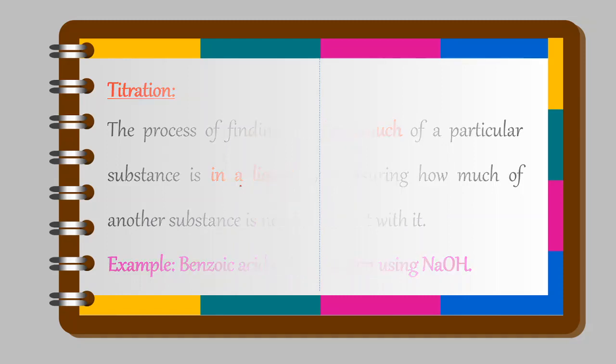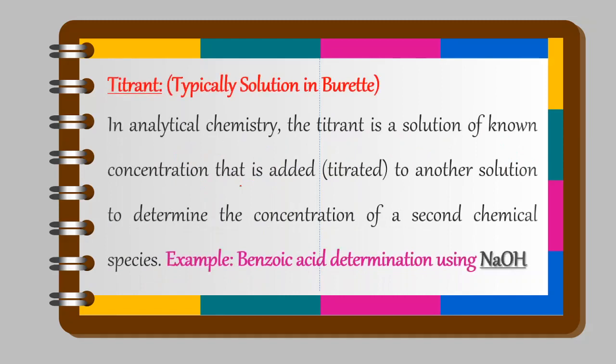Next, the next definition is titrant. Typically a titrant is a substance which we take in a burette. Like here I gave you an example of determination of benzoic acid using NaOH. NaOH as a liquid I will be taking in a burette, and benzoic acid I will take in a flask.